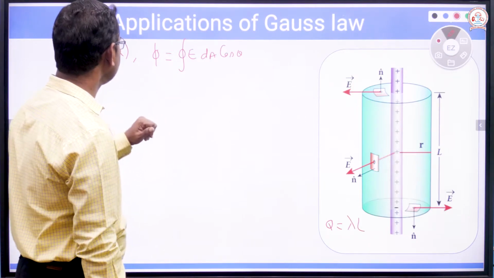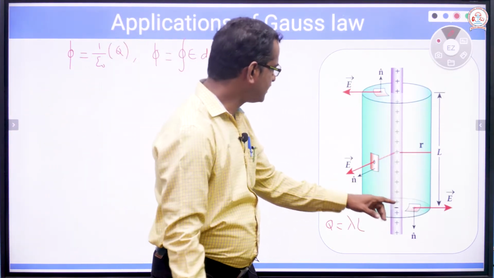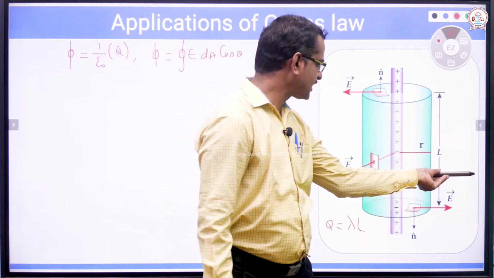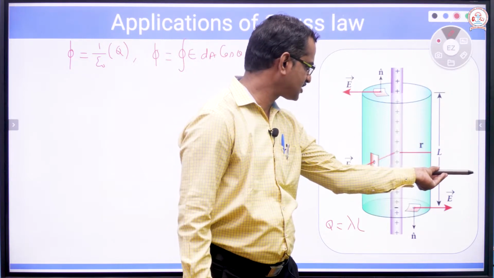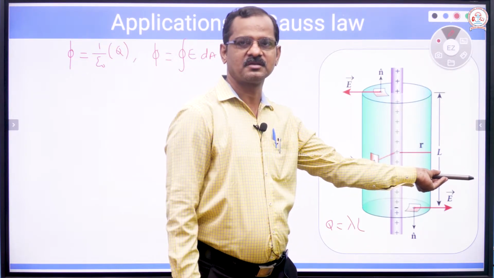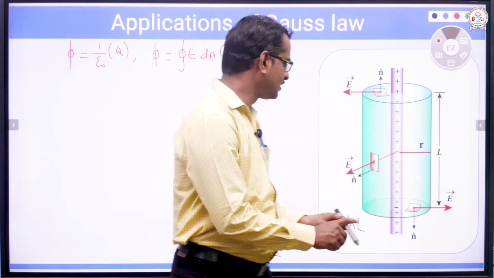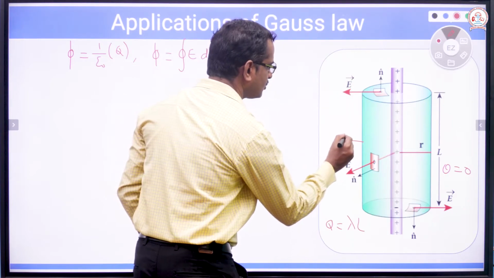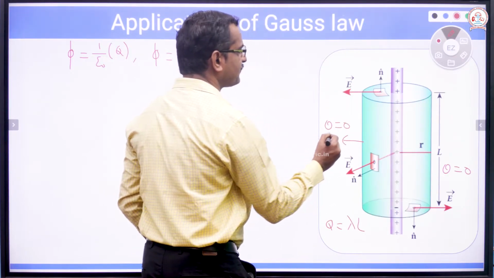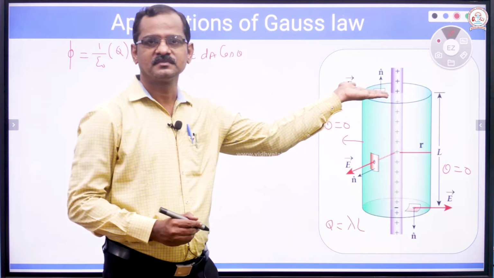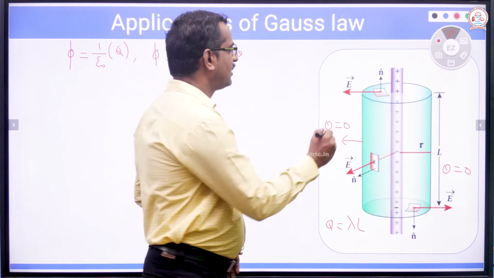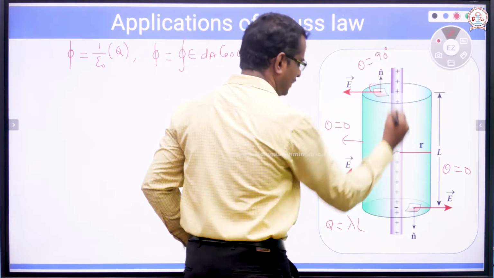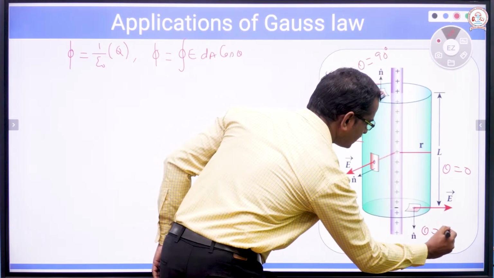Now, look at this. At the curved surface, the electric field is acting along this direction, and the normal is also in the same direction. Then theta is equal to 0 here, and here also theta is equal to 0. Whereas at the topmost point, the angle between the normal and electric field direction, theta, is equal to 90 degree, and here also theta is equal to 90 degree.